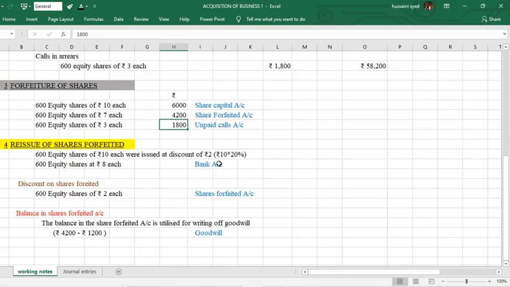So 20% calculated on the face value, you will get rupees 2. So 600 equity shares at rupees 8 each. 10 minus 2, you will get 8. So how much is the company going to receive when they reissue these forfeited shares? 4,800.